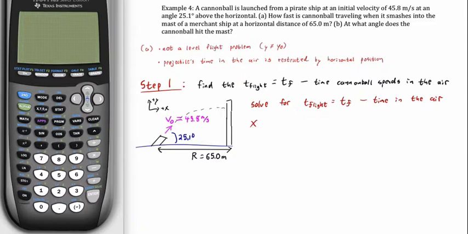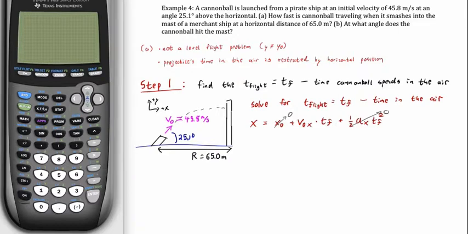So we've got x equals x initial plus v naught sub x times tf, and then plus 1/2 acceleration in x tf squared. Okay, well, there is no acceleration in x. This is a true projectile where it's only being acted on by the influence of gravity, and we can define our initial position as 0.